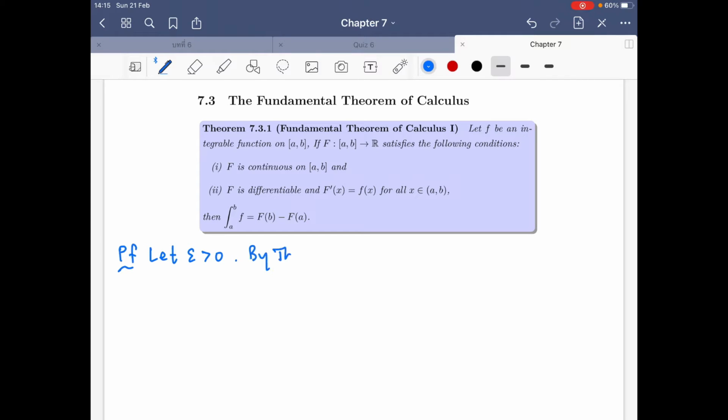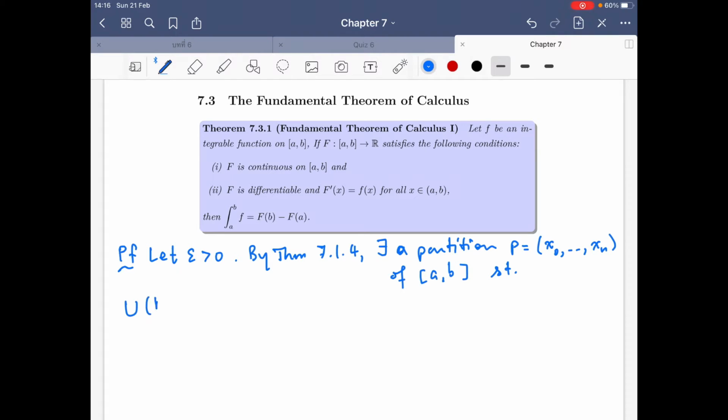By theorem 7.1.4, we can have a partition, let's say P, from x0 to xn of this closed interval ab, such that the upper sum of this partition over the function f, subtract the lower sum of the same partition over the function f, will be less than epsilon.